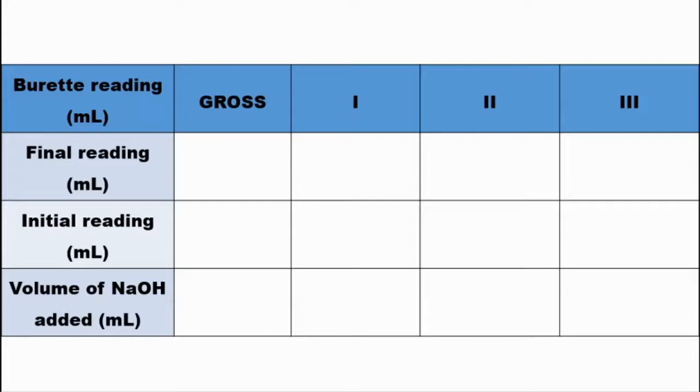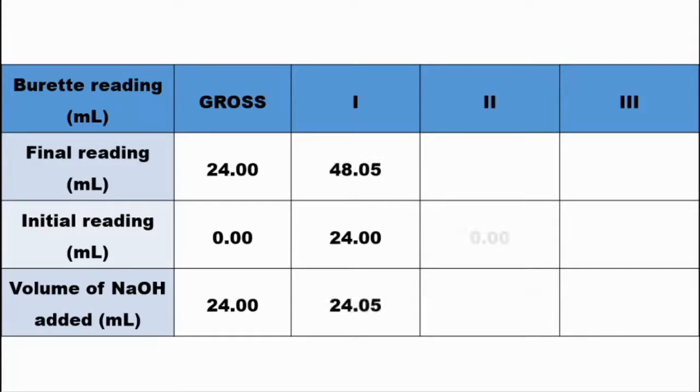Still we have 4 columns: gross, first, second and third. Let's say for the gross reading, the initial is 0.00 and the final reading is 24, and this is the volume of sodium hydroxide added. Then these are the data for the first titration, this is for the second titration, and this is for the third titration.